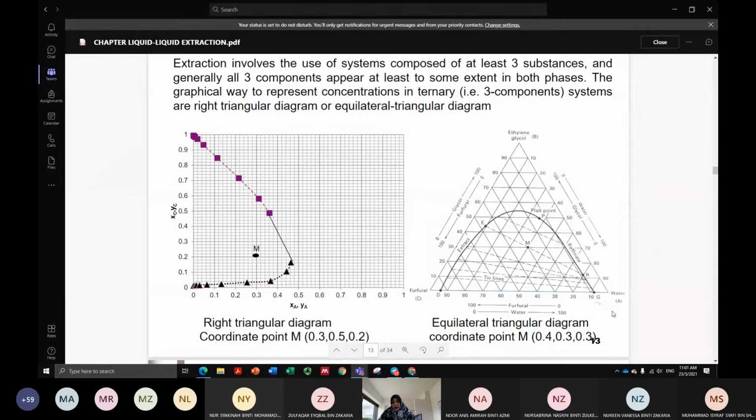The carrier is needed to make sure that the separation process occurs smoothly. If the composition is very concentrated, it's very hard to do the separation. So you need to dilute your solution in order to achieve a good separation process, in order to extract the solute easily.